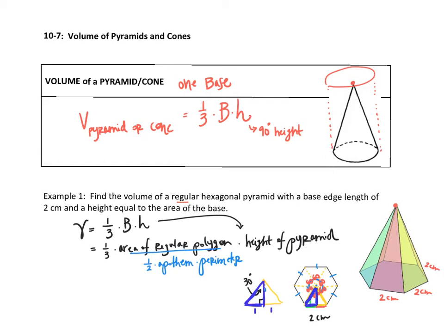And I know that I'm dealing now with a 30, 60, 90. So that 1 is opposite of the smallest angle, so it's the shortest side. If I needed to find this hypotenuse, I could just double this, so it'd be 2. And you don't really need it, but just as a review for 30, 60, 90, the hypotenuse is double the shortest side.